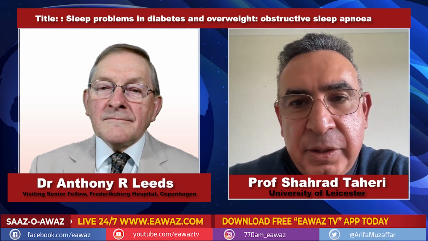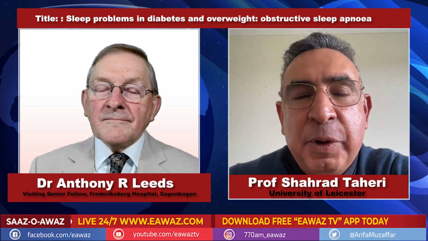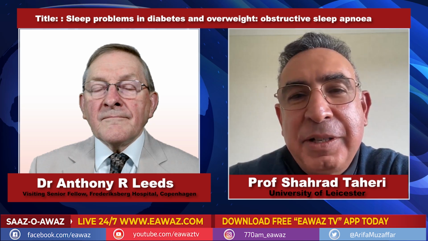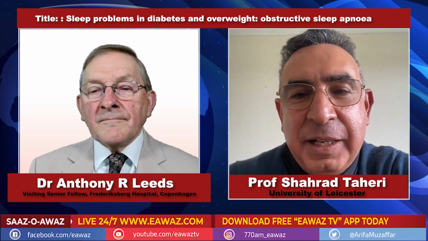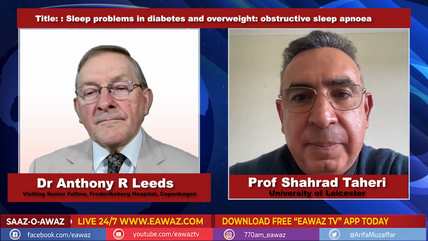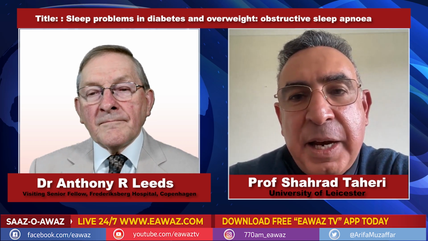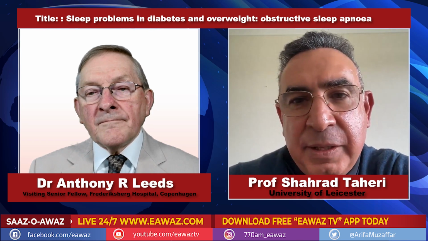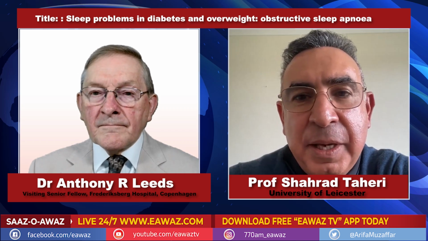Now, there are two ways that our airways could be affected. One is what we call central sleep apnea. That means your brain doesn't send a signal for breathing, and these are really rare conditions. The second one is obstructive sleep apnea, where the airway, for whatever reason, is narrowed and becomes vulnerable when the muscle tone is down during sleep.